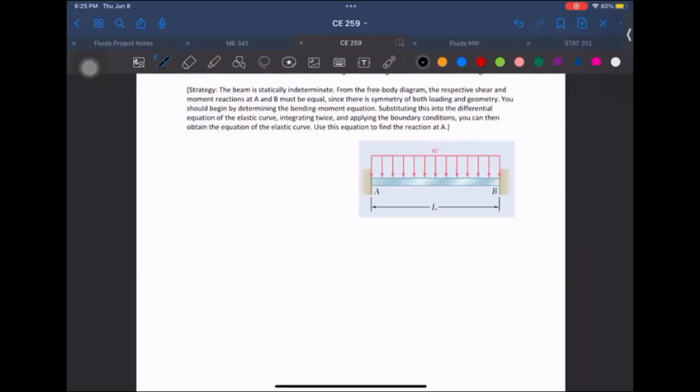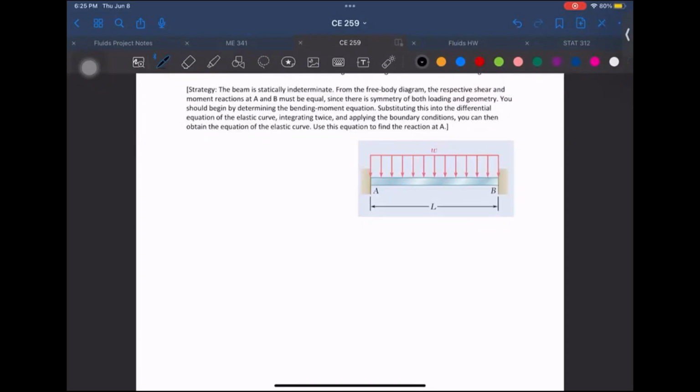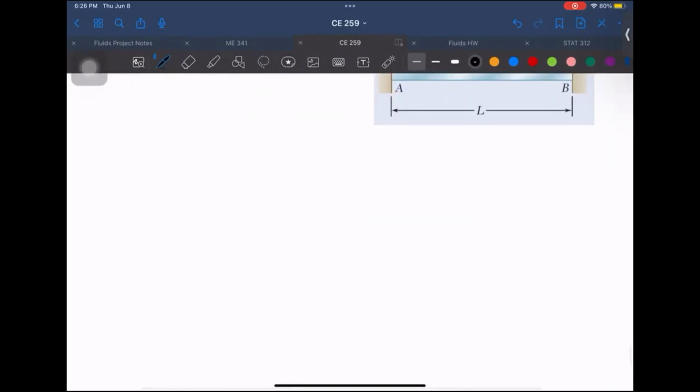All right, so the first thing you want to do is draw your free body diagram of the problem. So we'll do that right here.